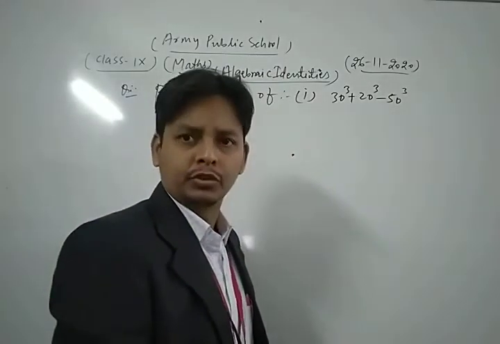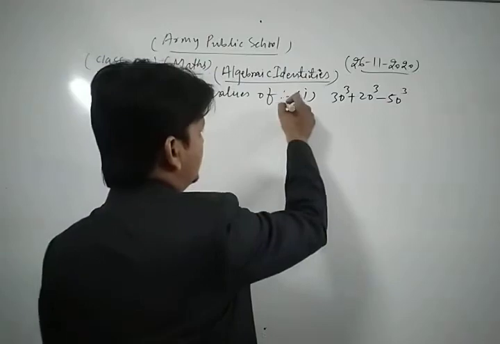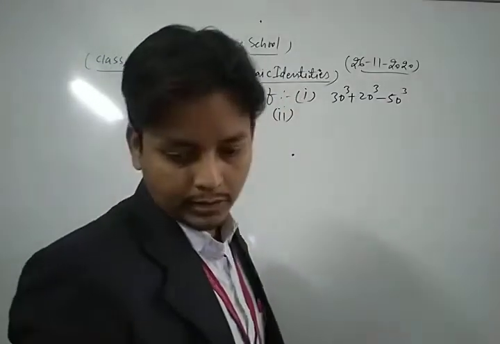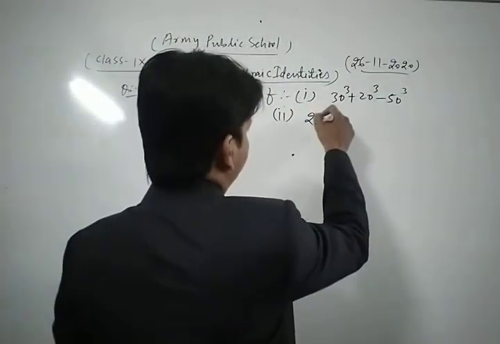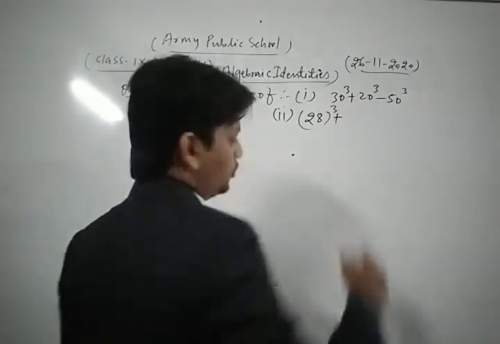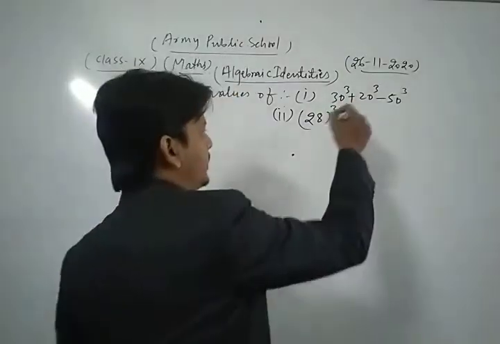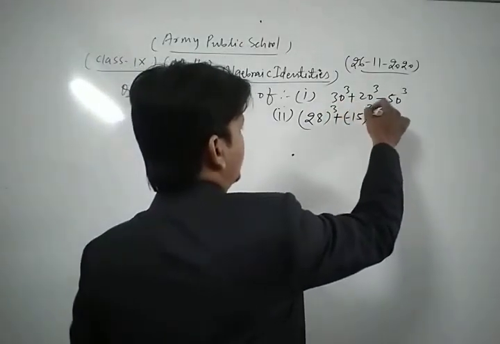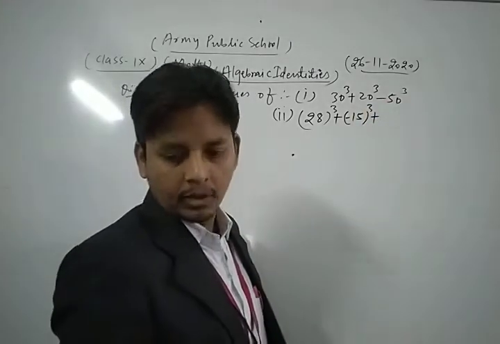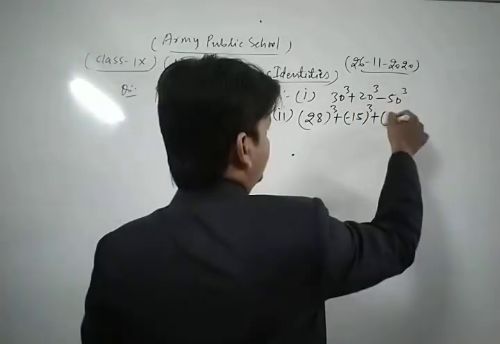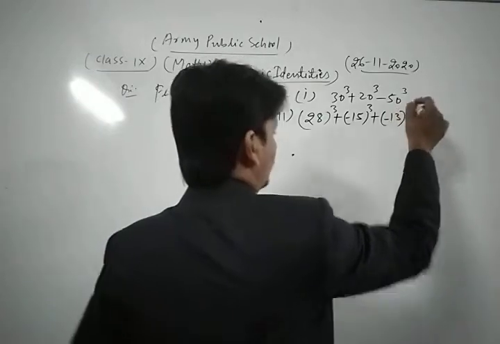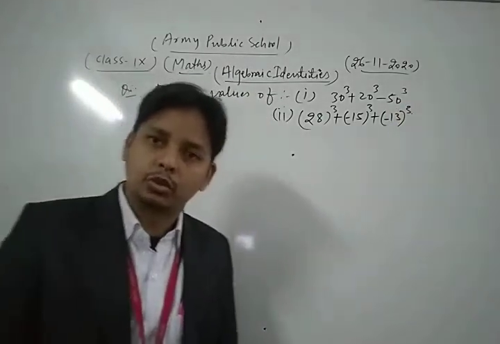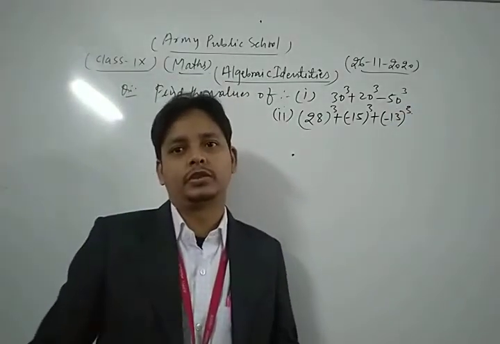This is the first question, and the second one, dear students, is 28 cube plus minus 15 cube plus minus 13 cube. Okay, this is the question here. Now let's see its solution, dear student.